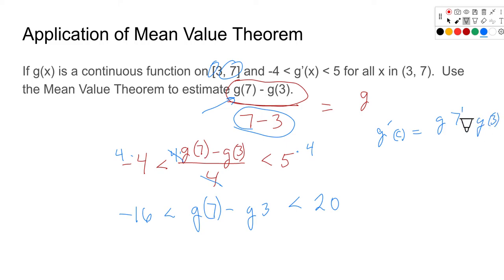So there's the y values, and then 7 minus 3, the x values. That's the average rate of change of the g function between the two endpoints, and the mean value theorem says somewhere in between we will get that.